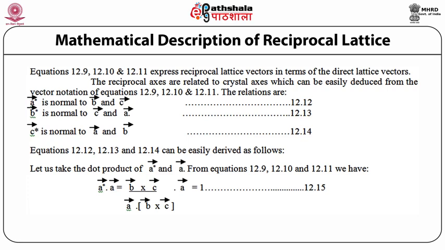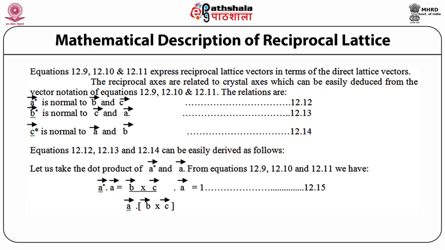B star vector is normal to C vector and A vector, given as equation number 12.13. C star vector is normal to A vector and B vector, which is given as equation 12.14. Equations 12.12, 12.13 and 12.14 can be easily derived as follows.